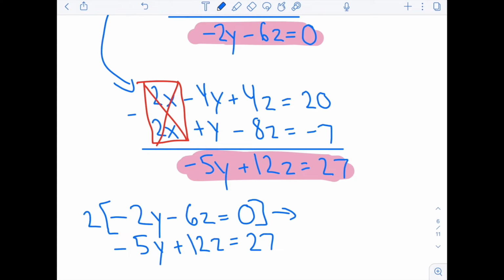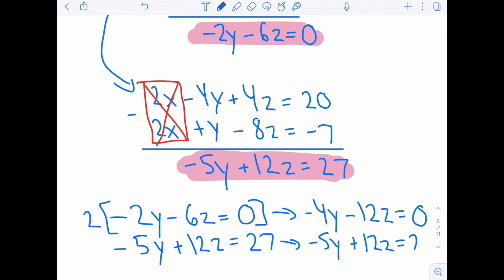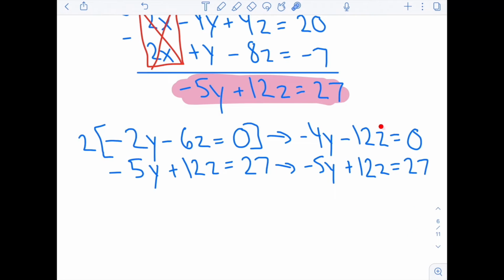So it's going to become negative 4y minus 12z equals 0. And this equation stays the same: negative 5y plus 12z equals 27. Since we have this negative 12z and this positive 12z, we're going to add them together so they cancel out, and we're just left with y.